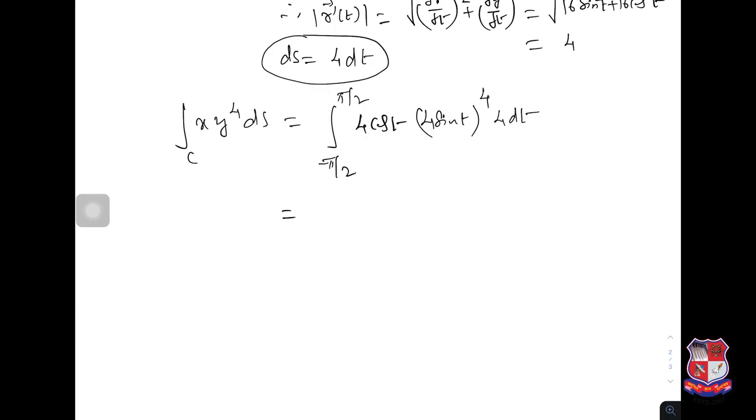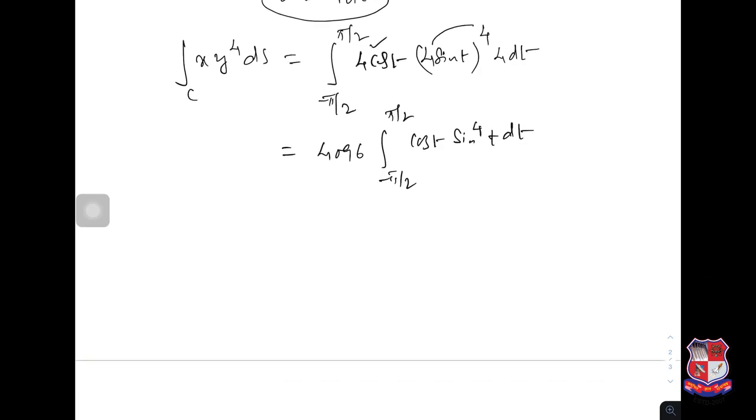This is equal to 4⁴ times 4, so that means it is 4096 times the integral from -π/2 to π/2 of cos t sin⁴ t dt.